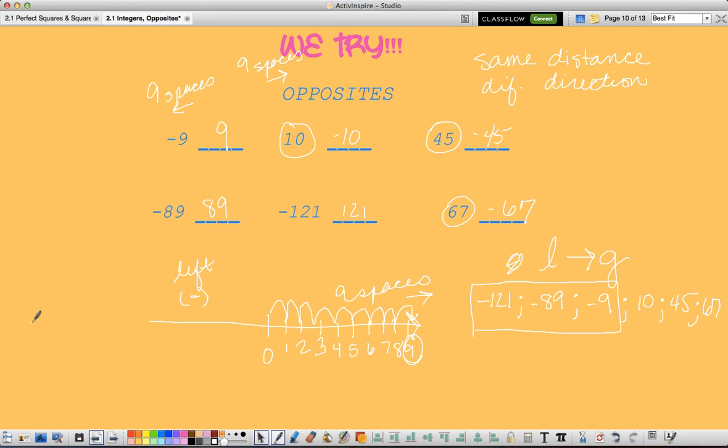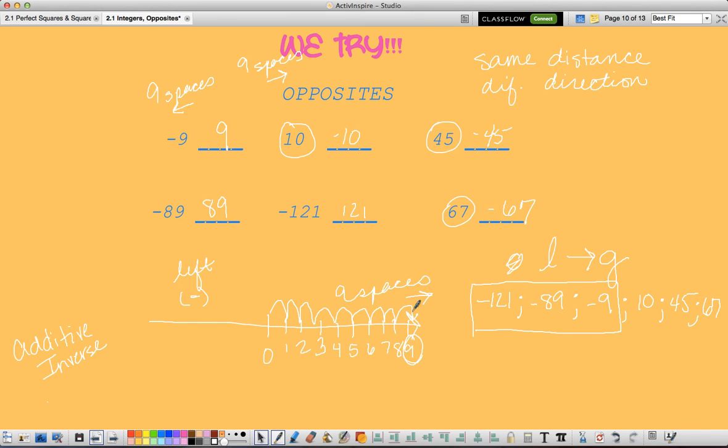Right? And then with the additive inverse, we said the additive inverse is a number that when you add it gets you to 0. Well, think about opposites. If you go 9 steps left and then 9 steps right, you should get back to 0, shouldn't you?